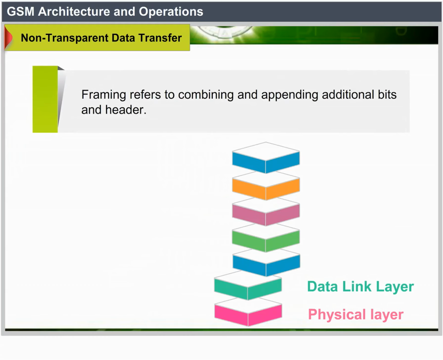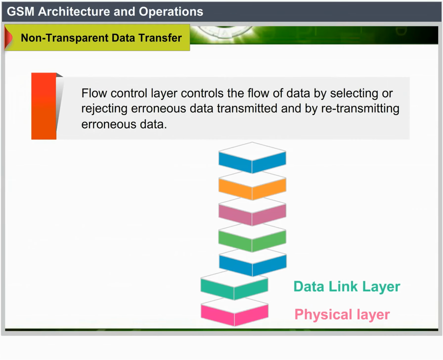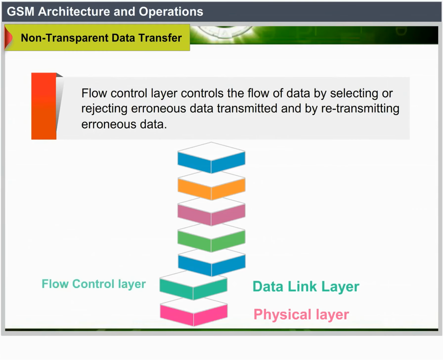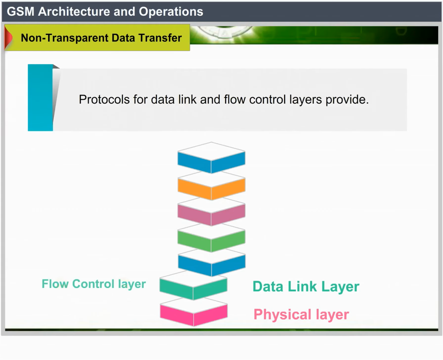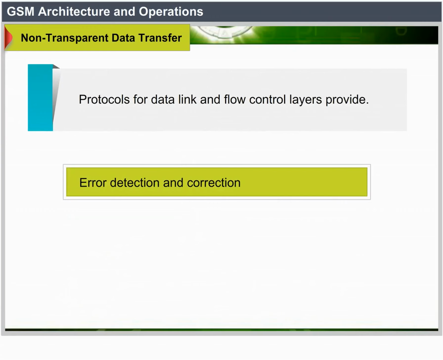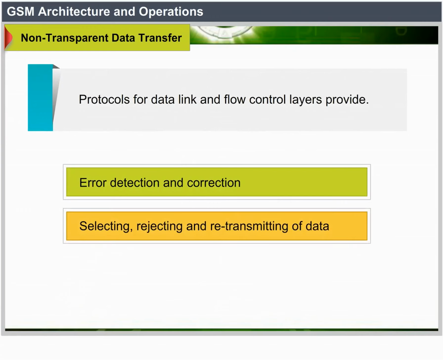Framing refers to combining and appending additional bits and header. Flow control layer controls the flow of data by selecting or rejecting erroneous data transmitted and by retransmitting erroneous data. Protocols for data link and flow control layers provide error detection and correction, selecting, rejecting and retransmitting of data.